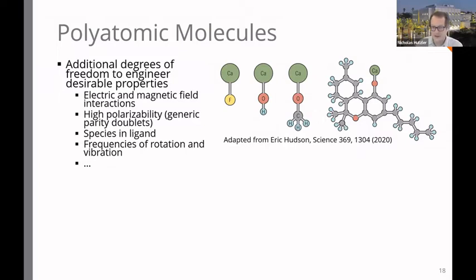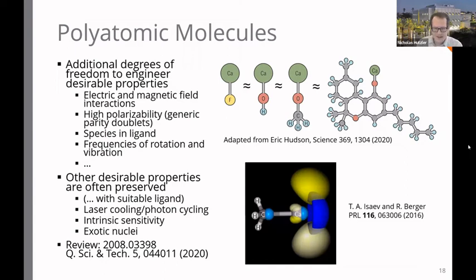If there's some species of interest you want to study, like if you're interested in studying the oxygen or the carbon or something, you can stick that in a laser coolable species. You can adjust the frequencies of vibration and rotation to match to some physics or engineering that you're interested in, and so on. And if you are careful about how you choose this ligand, you can also preserve the desirable properties of this other species.